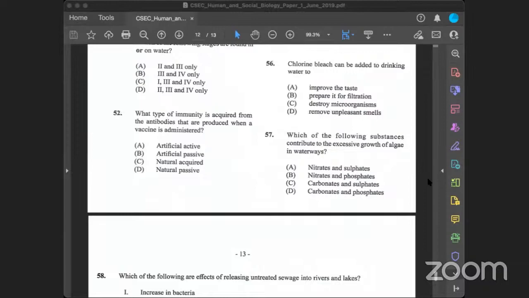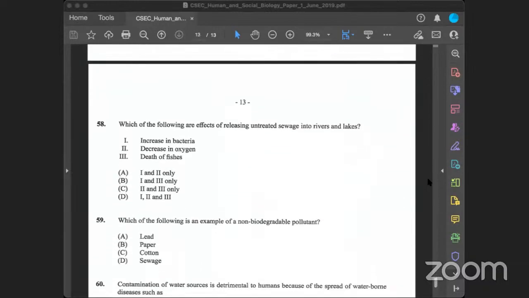58. I don't know if y'all gone quiet on me. 58. Which of the following are effects of releasing untreated sewage into rivers and lakes? What do you think?